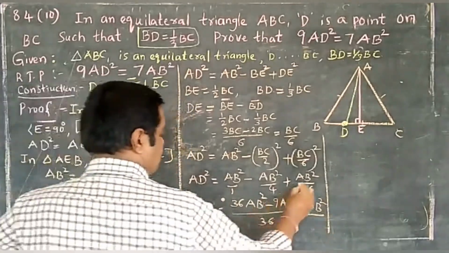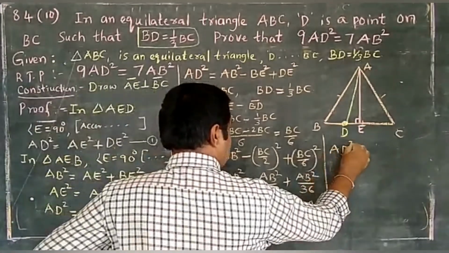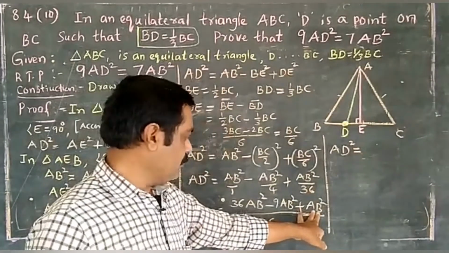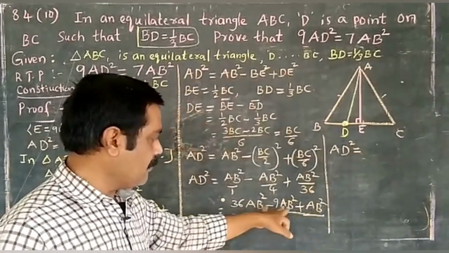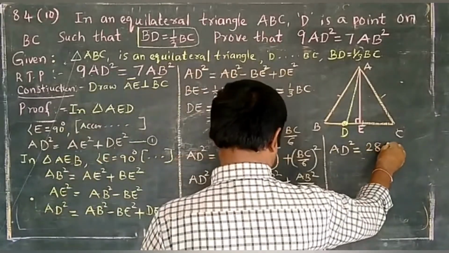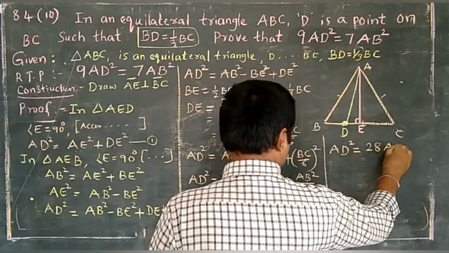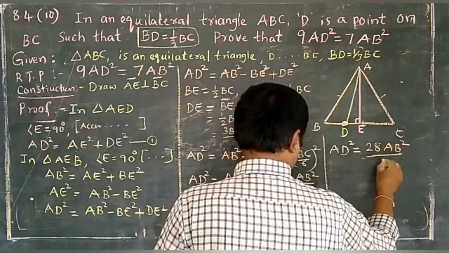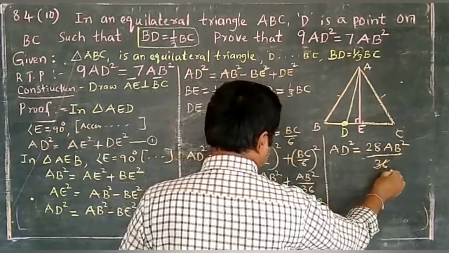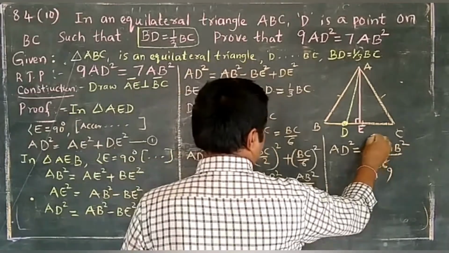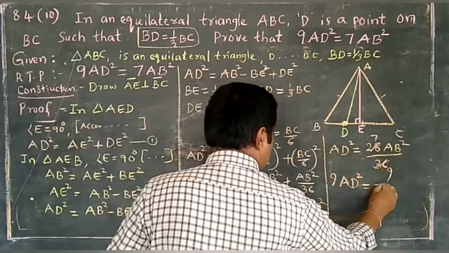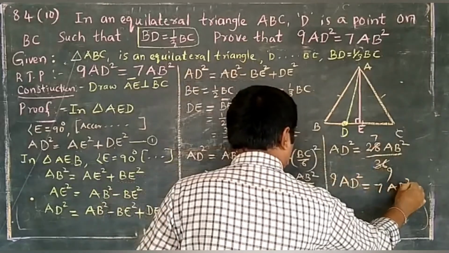So AD square is equal to 36 plus 1, total 37 AB square minus 9 AB square is 28 AB square by 36. Is it cancel? 4 9s, 4 7s. 9 AD square is equal to 7 AB square.